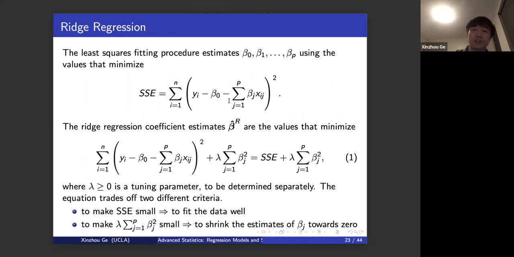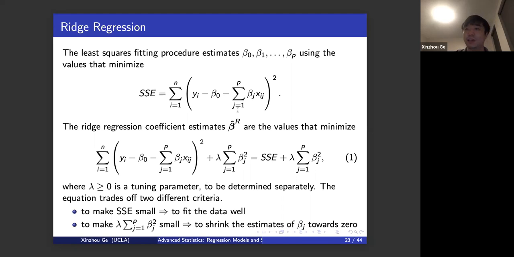Let me first introduce the ridge regression model. Let's recall that when we have p different predictors and we want to solve the least squares model, we compare the actual value yi with the predicted value from this linear combination, and we want to minimize this error, the sum of squared error.